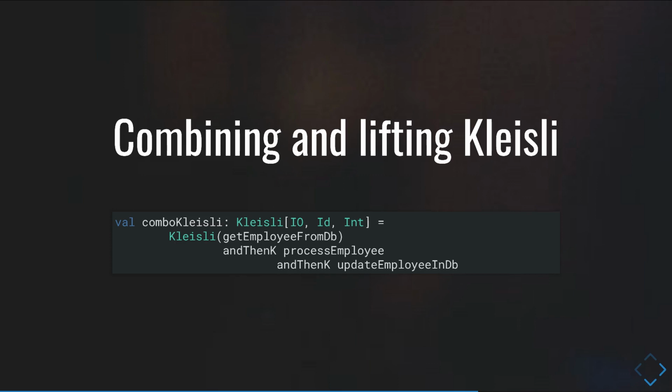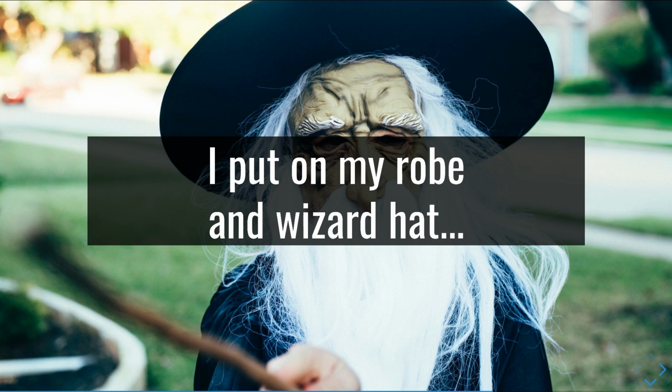You still need to lift the first function to get access to the methods, but after that you can either use andThenK or composeK if you're using Scalaz, or Cats simply overloads the andThen operator, so there's no change between providing a function or a Kleisli wrapped function in the chain.